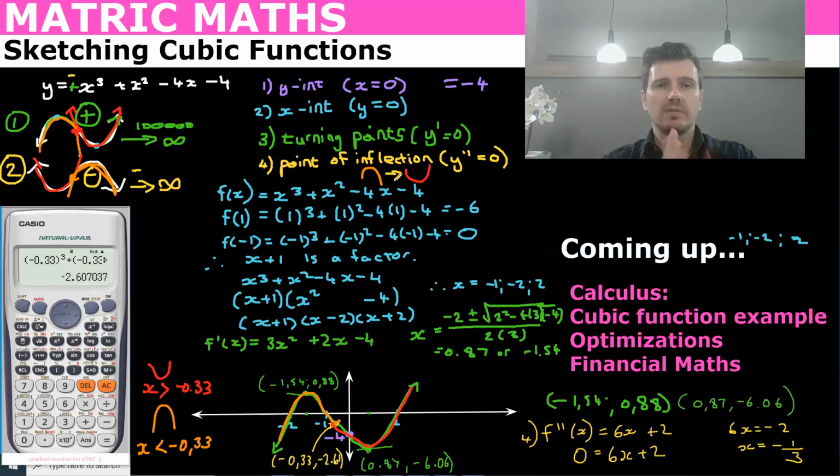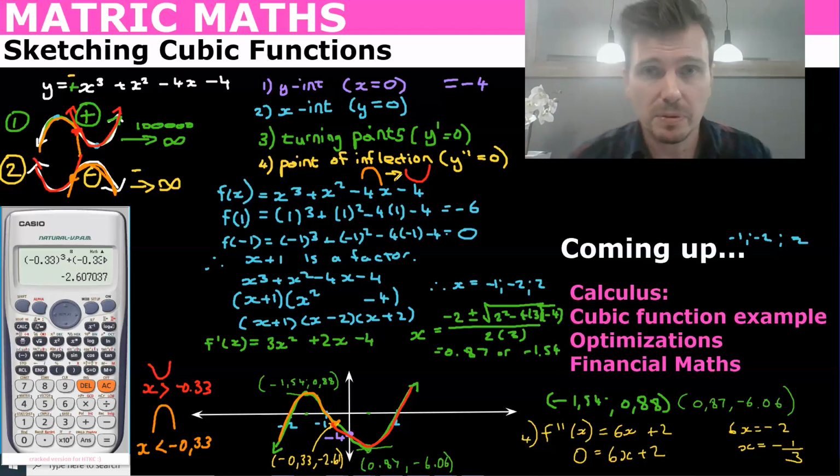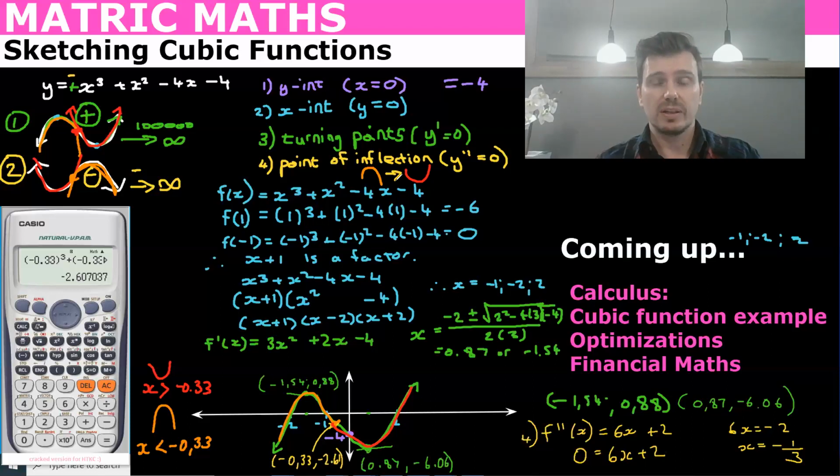So there's a couple of new things there. In parabolas, to get the turning point, you just use the negative b over 2a equation. It was much more simple. Here, because there's an x cubed, we can't just say negative b over 2a, so we have to let the derivative equal 0.